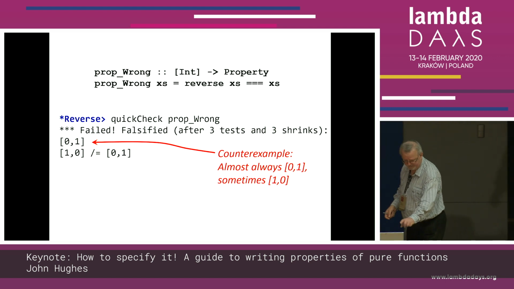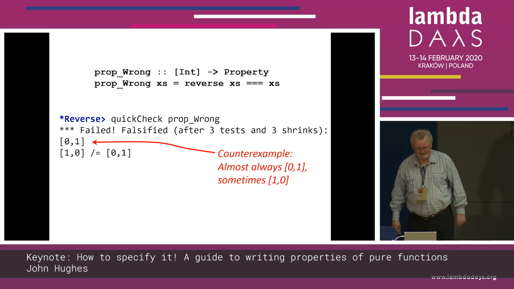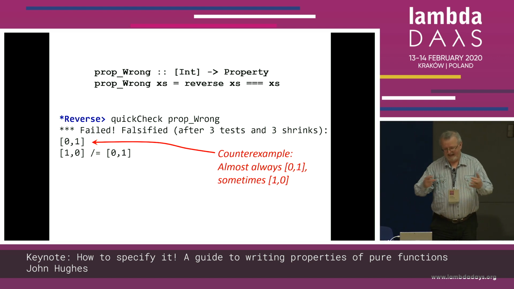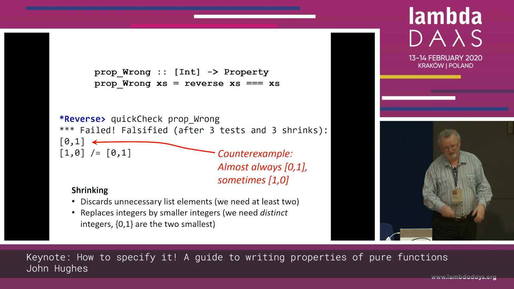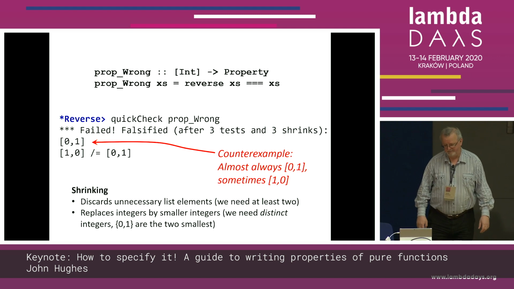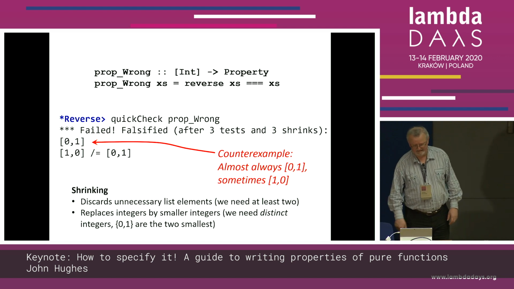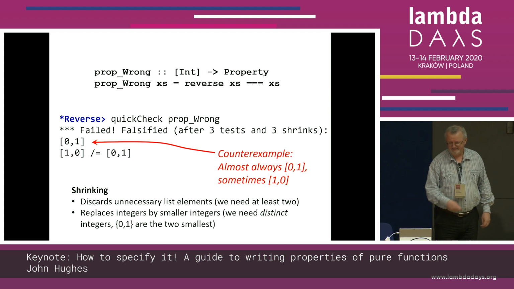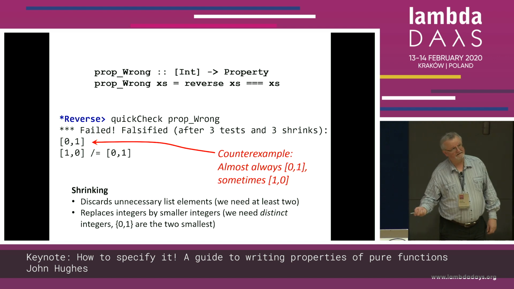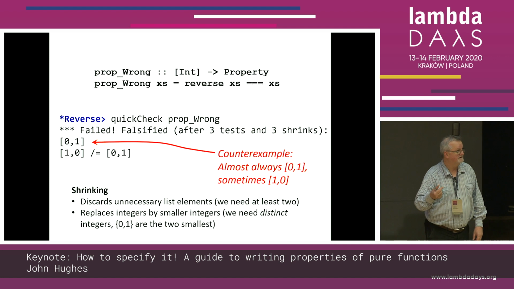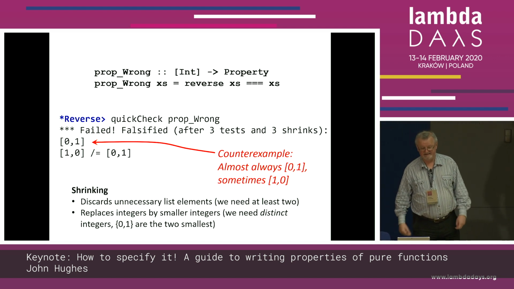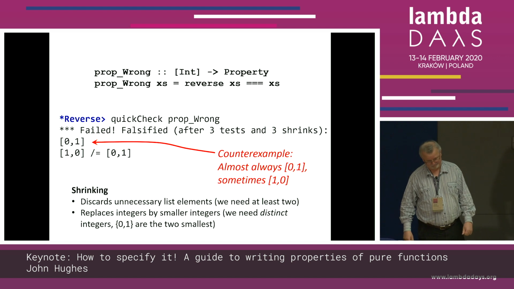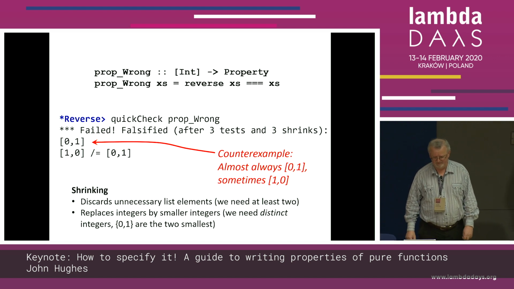The reason that we see this particularly simple test case is that QuickCheck, after generating the random test and finding one that fails, has simplified it as far as it possibly can. We call that process shrinking, and in this case, shrinking will discard unnecessary list elements. We only need 2 to falsify this property. And it replaces integers by smaller ones if it can. And so that's why we get 1, 0.